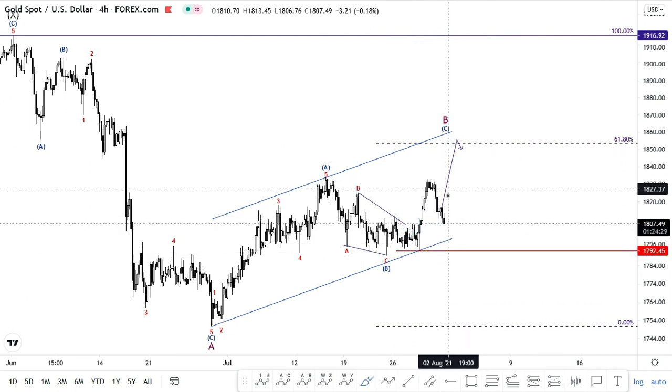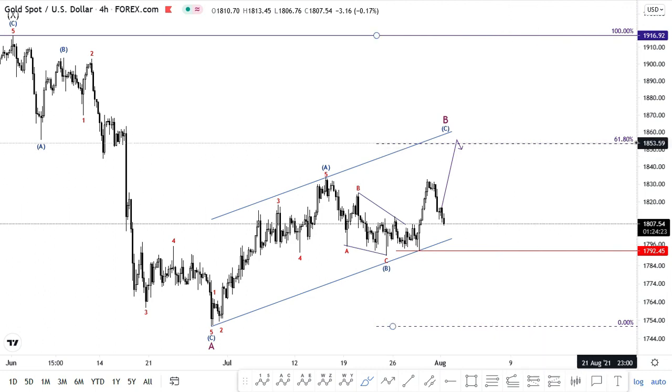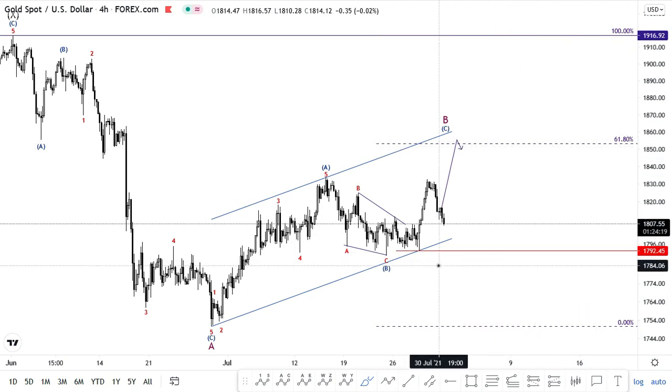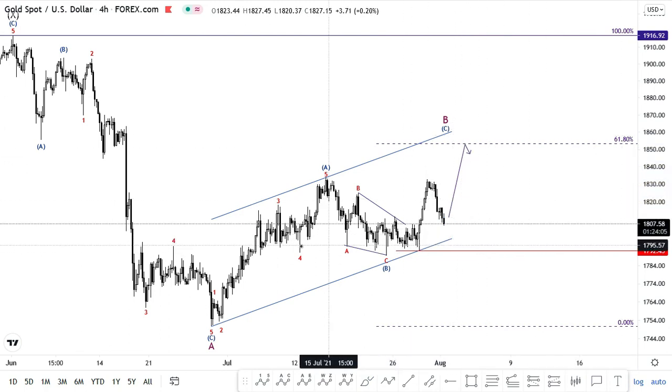So we're hoping to see that gold would at least come and test the 61.8 level before we actually see the bearish rally. We can still consider this rally as valid. We can still expect gold to come and test the 61.8 with a complex correction structure in form.